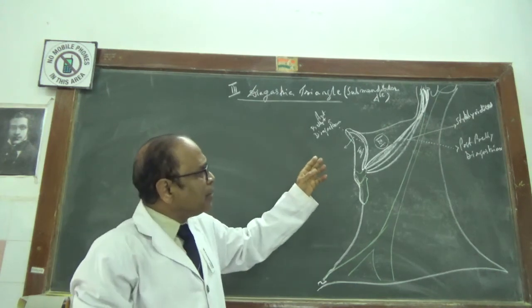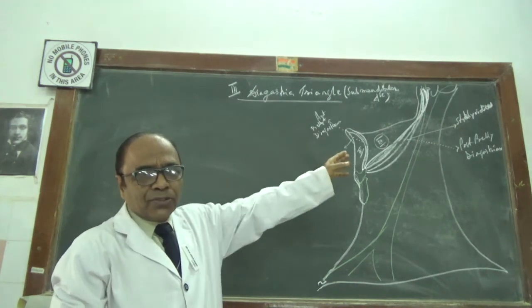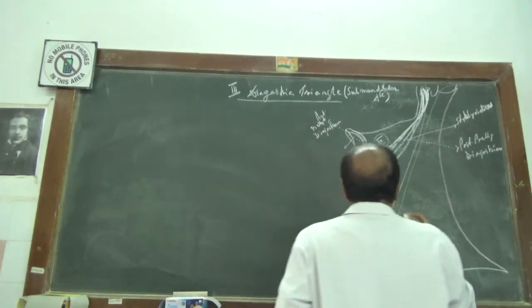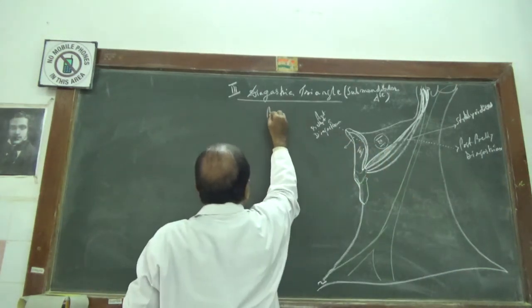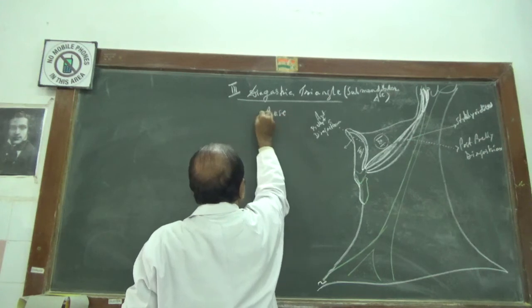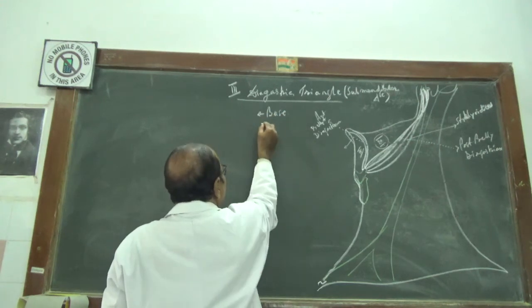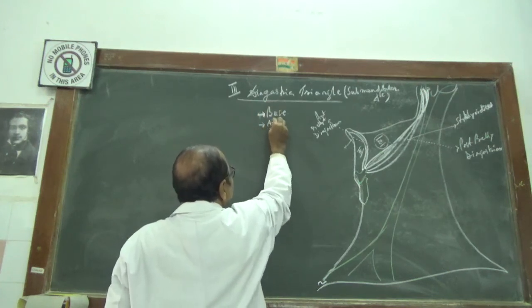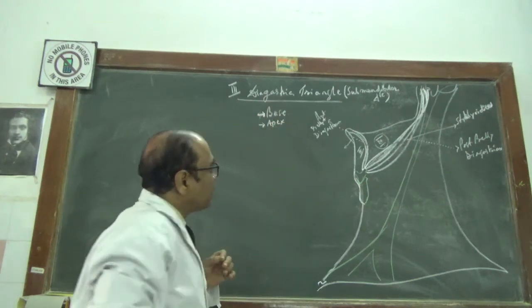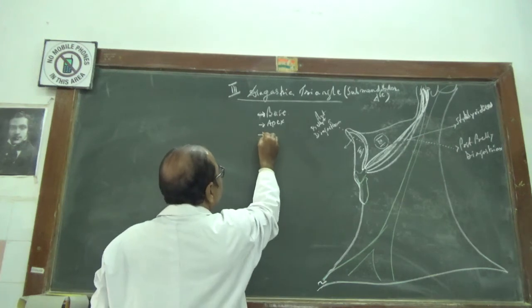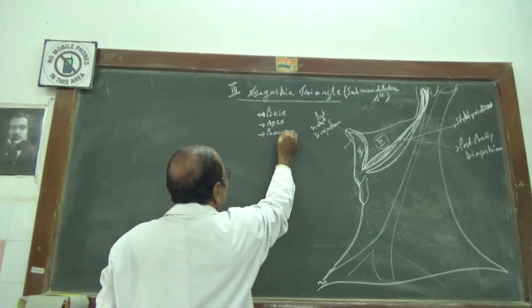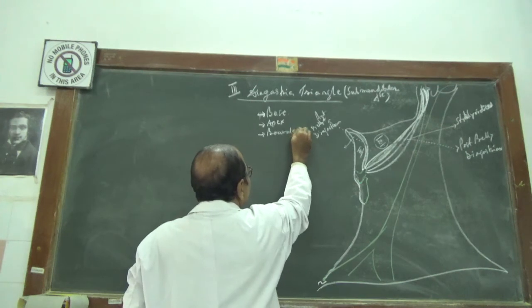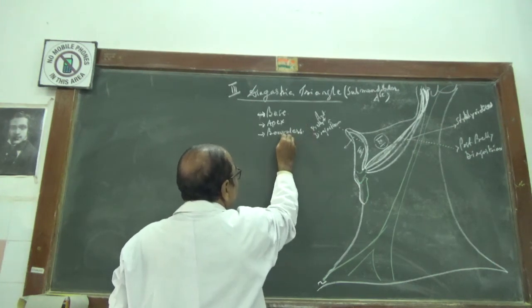Then this triangle will have a base. This is the base. Then you will have the apex. Then you have the boundaries or the borders. Those borders are two.